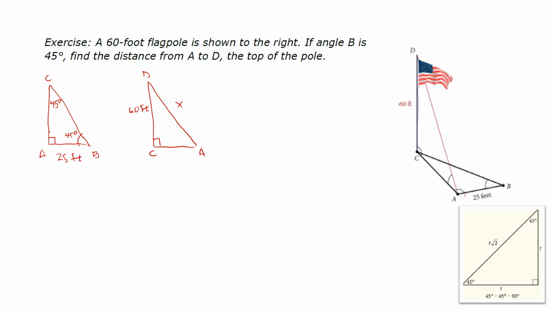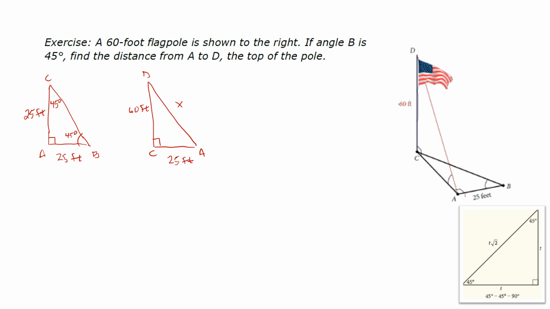Since we know that, the legs of this triangle are the same, so this would be 25 feet as well. So AC is 25 feet, which is also the same length as AC on our second triangle. So this is 25 feet.